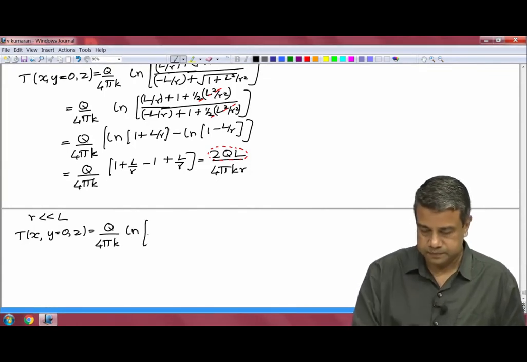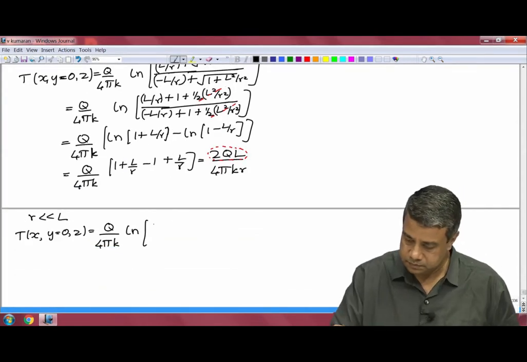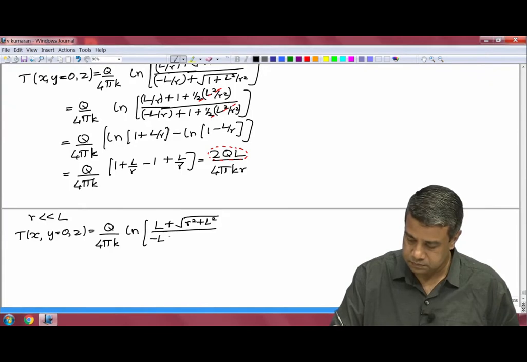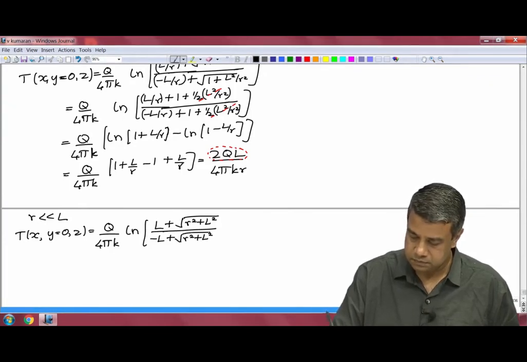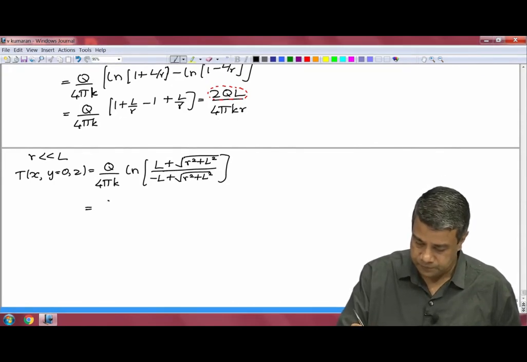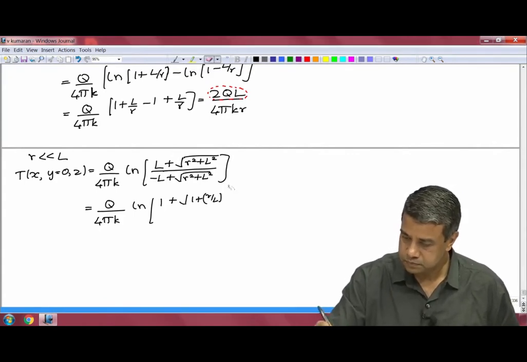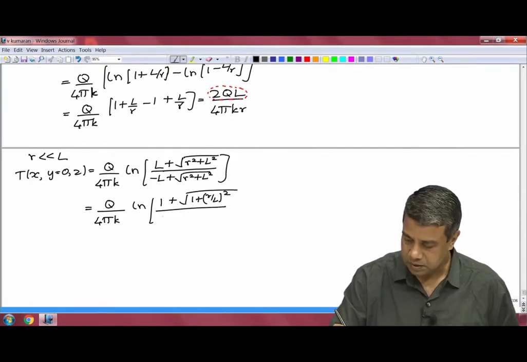Times the natural logarithm of... Now, R is much smaller than L. So, I will divide the numerator and denominator by L. 1 plus root of 1 plus R by L the whole square, by minus 1 plus root of 1 plus R by L the whole square.